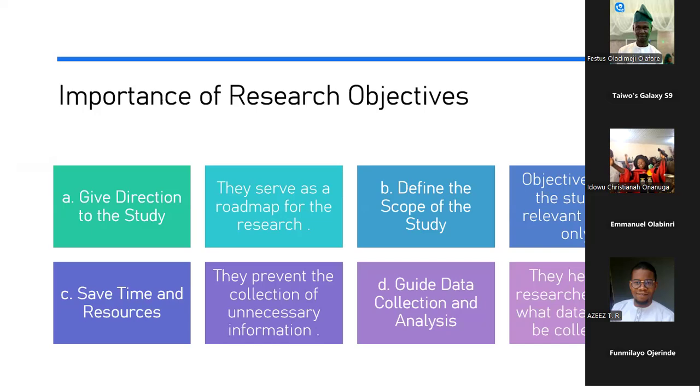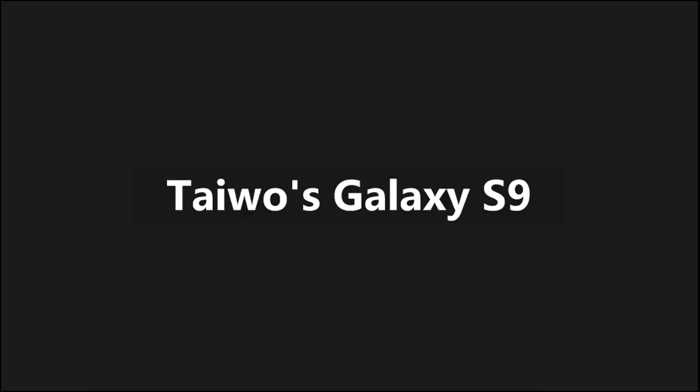Secondly, it gives scope to your study. That is, it helps you to limit yourself, because even though you have a problem that your study wants to solve, at the end of the day, you cannot solve all that problem using just one study.